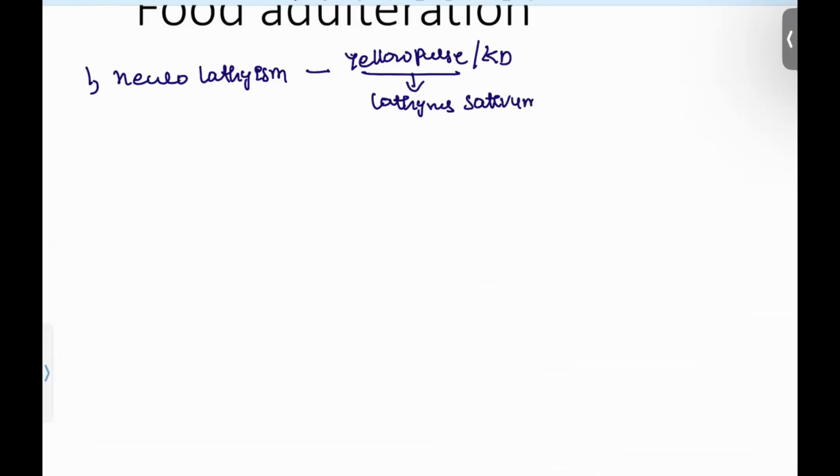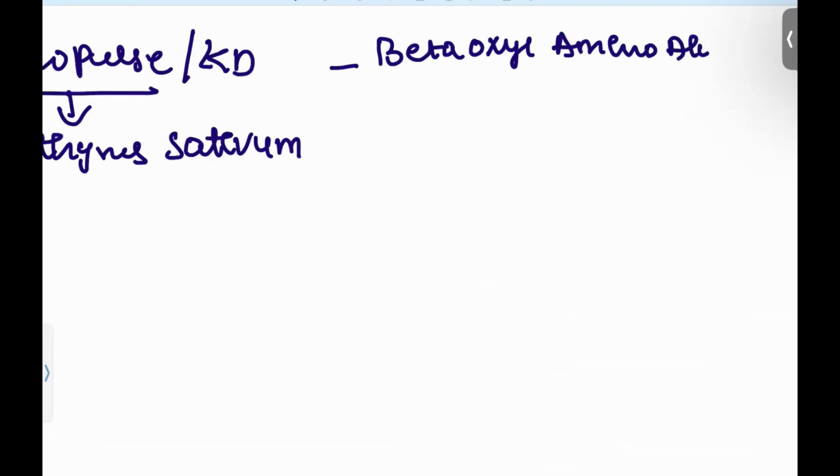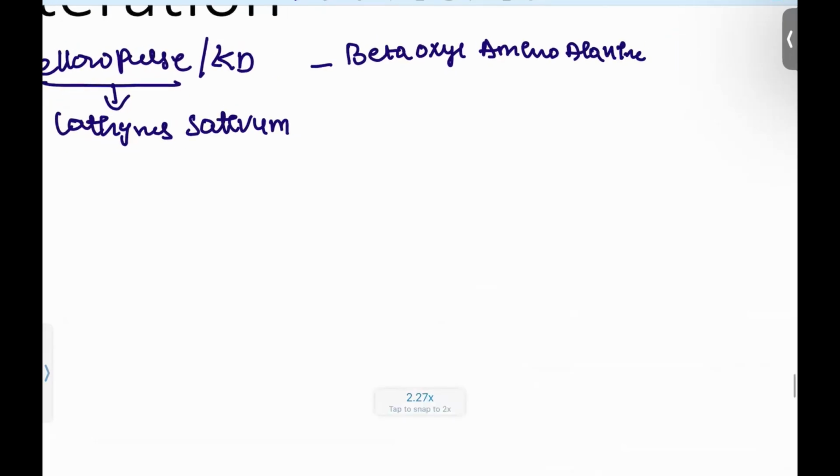This toxin is going to cause the neurolathyrism in the patient, because it has a specific component, that is beta-oxalyl amino alanine (BOAA). Okay, and this will lead to dysfunction of the peripheral nervous system.